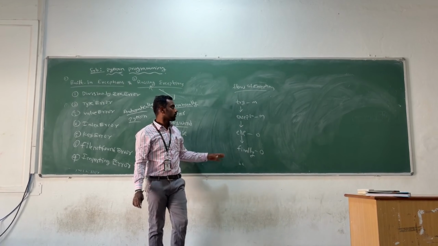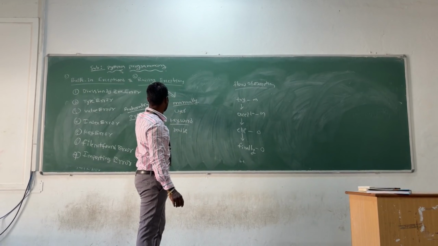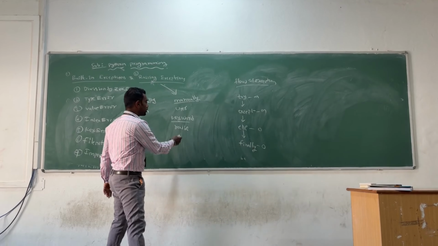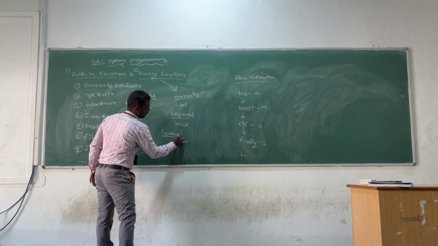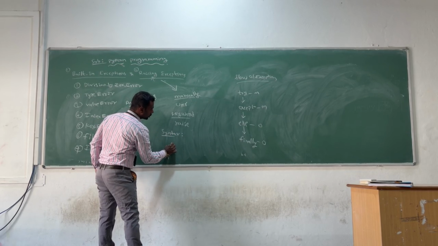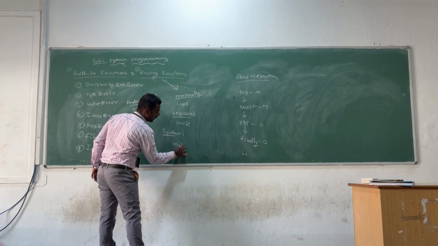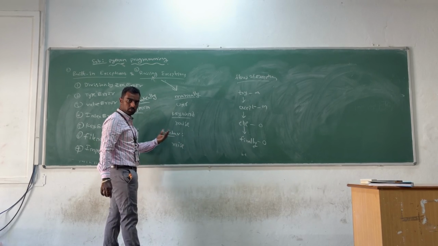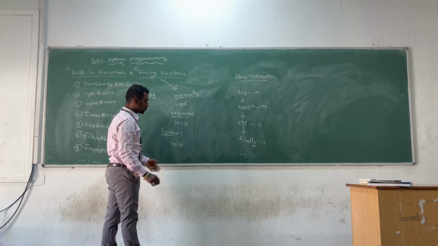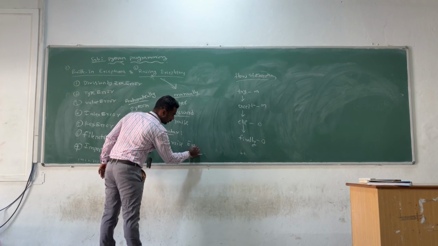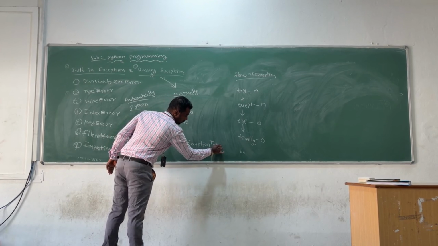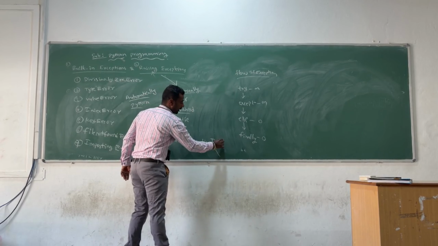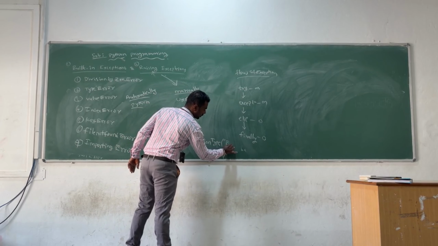Here, we can raise exceptions by using the keyword raise, and its syntax is: we should use the keyword raise initially, and mention the exception type, followed by parentheses and the error message.